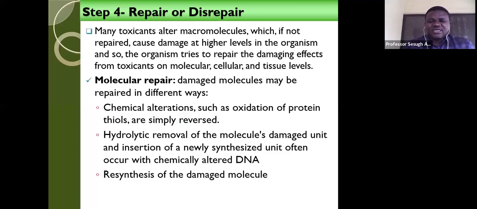There may be hydrolytic removal of the damaged unit of the molecule and insertion of a newly synthesized unit, which often occurs with chemically altered DNA, or it is possible that there will be resynthesis of the damaged molecule. So after the injury, there is repair. And where it is not possible to repair, then you have what is called disrepair. At that point, there's nothing you can do.